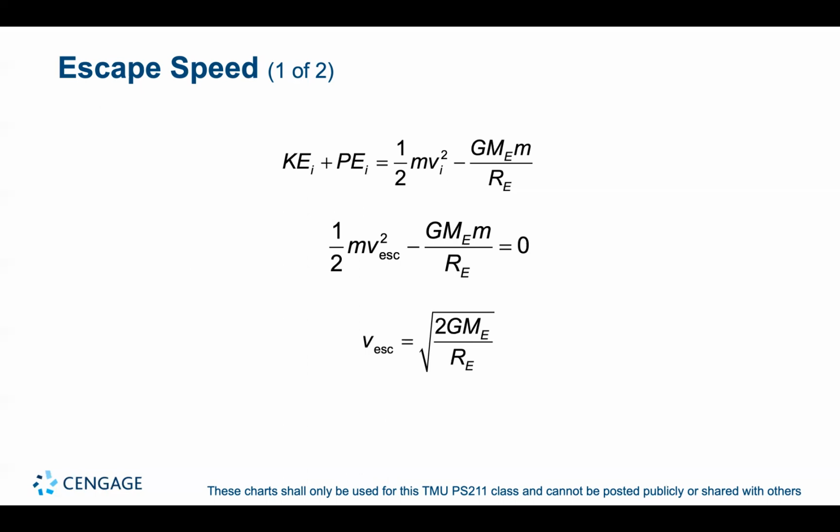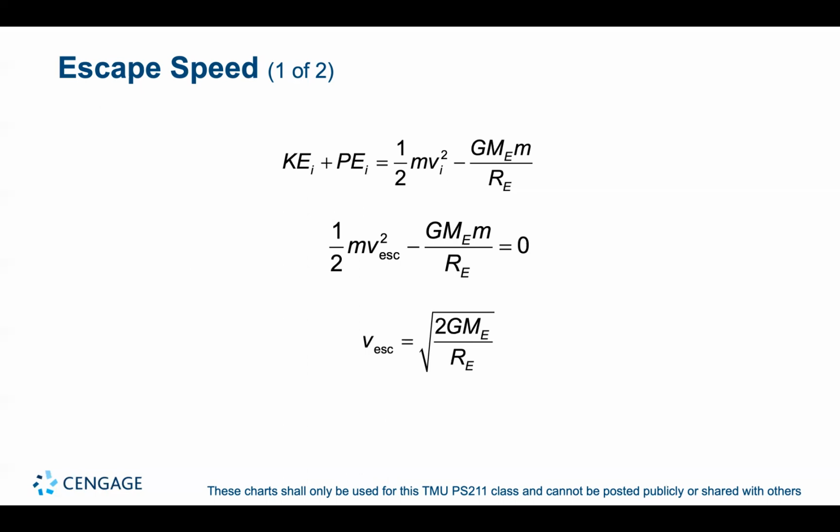The initial mechanical energy, kinetic plus potential energy of the object-Earth system, is given by the equation shown. We neglect air resistance and assume the initial speed is just large enough to allow the object to reach infinity with a speed of 0. This value of v_i is the escape speed, v_esc.